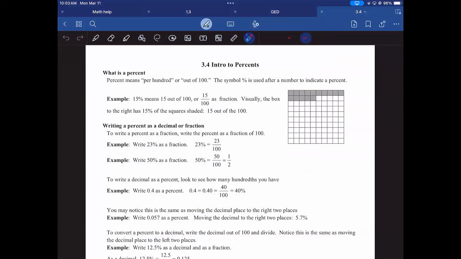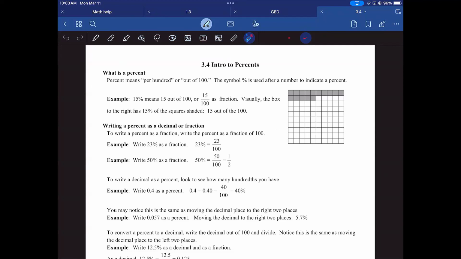And again, this is 3.4. This is the intro to percents. Let me pull up chat, make sure we can see it. Feel free to ask questions in the chat. And I'm going to move this bar, just in case.